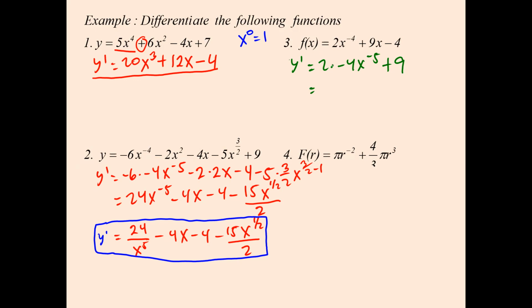So 2 times negative 4 is negative 8, x raised to negative 5 plus 9. Is this our final answer? No. So kasi may negative tayo na exponent. So we have negative 8 over x raised to 5 plus 9 as our final answer. Okay, so for number 4, it is your practice exercise.